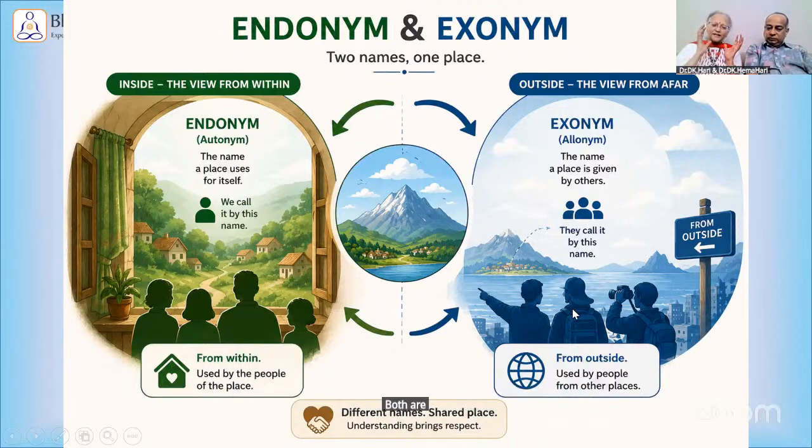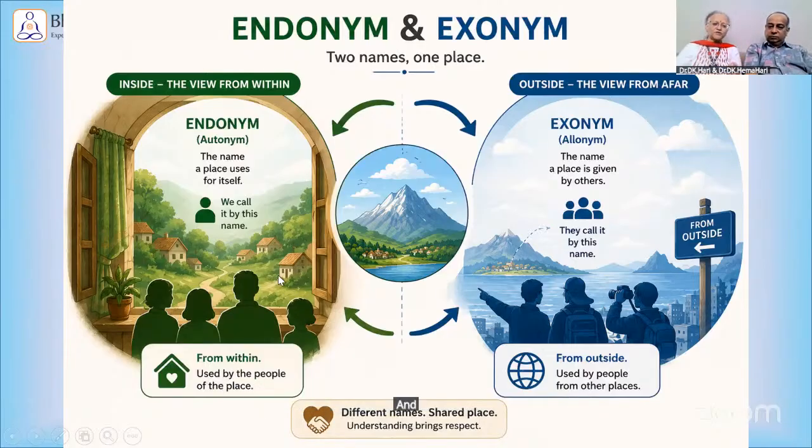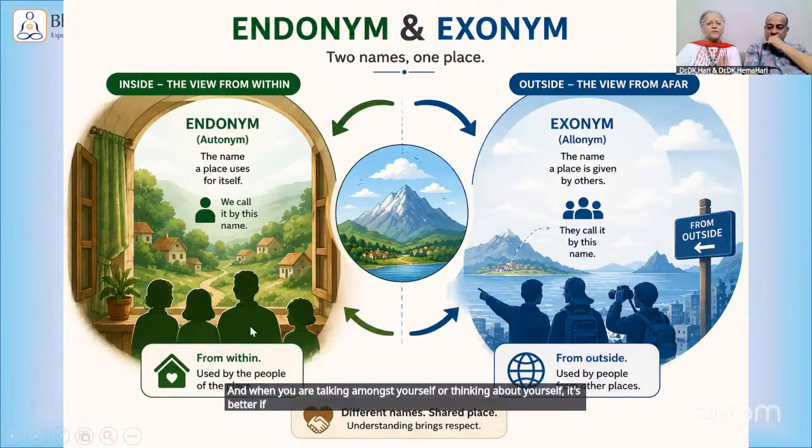And both have had their own reasons and their own specialities and their own use. So when you talk with people from outside, then it is always better when you relate to it from their context. And when you are talking amongst yourself or thinking about yourself, it's better if you can relate with your own context. So these both have their own places.